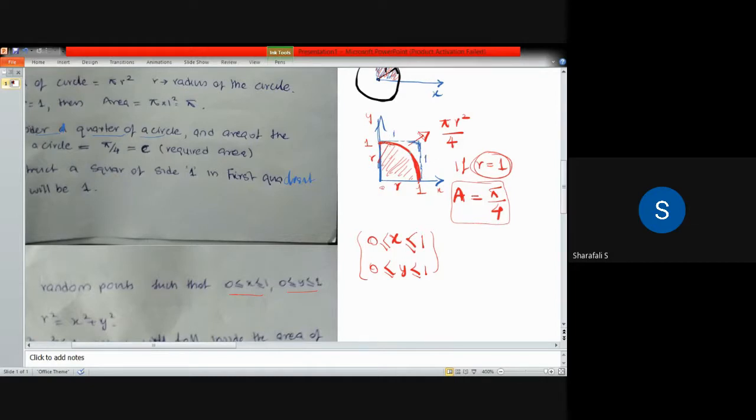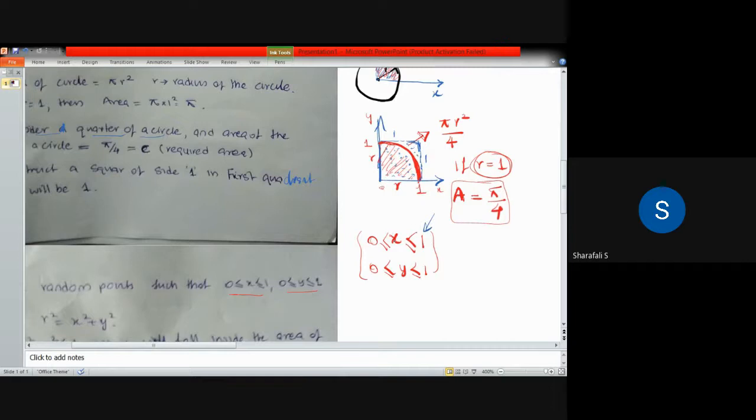If you consider this square, the blue one, you can have a number of points within that square, and these points will be within this range.